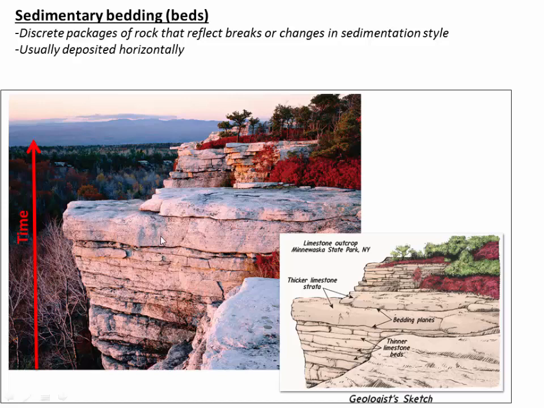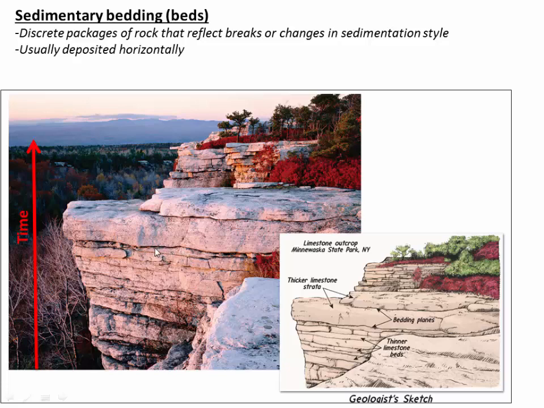It's tabular, usually has some weathering or open space at the top and also at the bottom. So it's separated from the beds above it and below it by what look to be fractures, but they're not really fractures. We'd call them contacts, where you can have a little bit of open space.